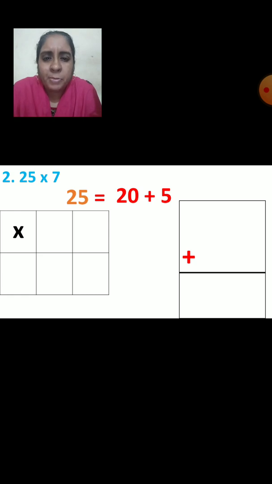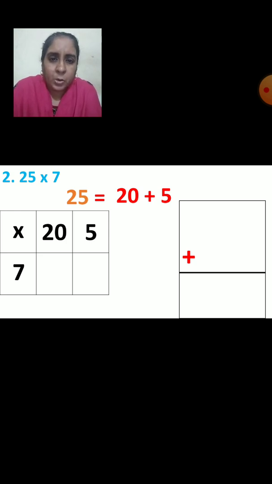So first column 20, other column 5, and 7 will come down. After writing this you will start to multiply. Now 20 multiplied by 7. If you don't know the table of 20, you can take a single digit number like 2 sevens are. 2 sevens are how much?